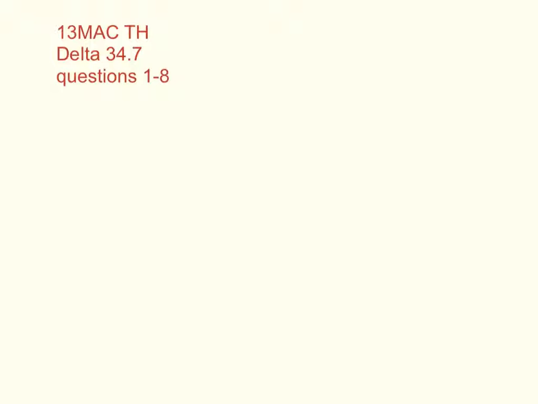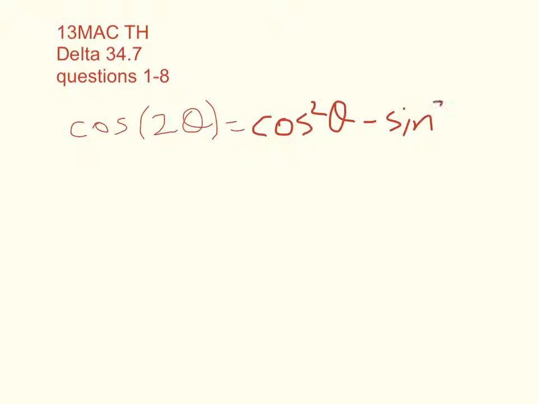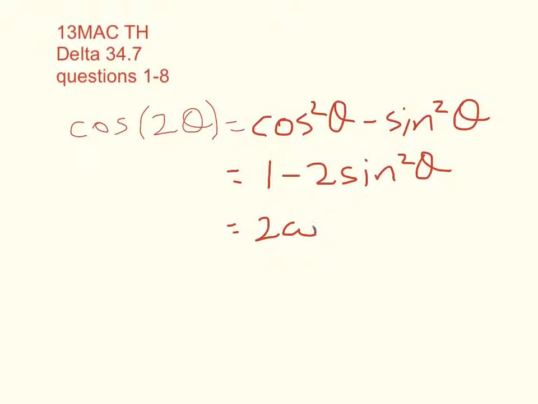So the basic version of the double angle formula is this. Cos of 2 theta can be written in 3 different ways: cos squared of theta minus sine squared of theta, or 1 minus 2 sine squared of theta, or 2 cos squared theta minus 1.